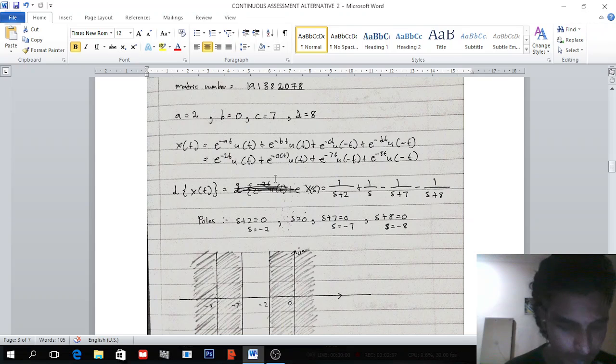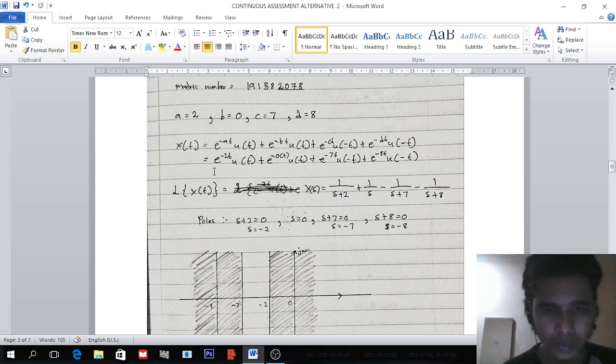As for the first part, it is a unit step right-sided, because it is in positive value. If it's negative, it should be a unit step left-sided.